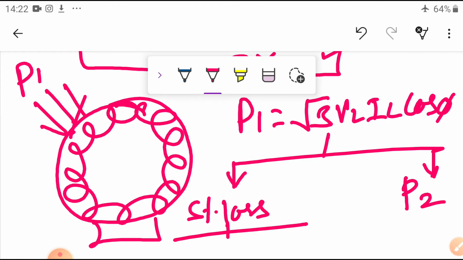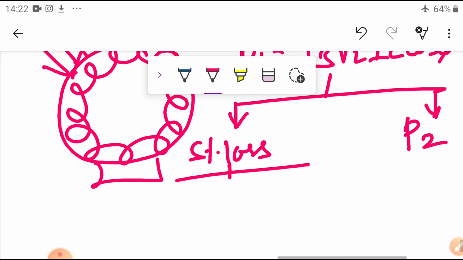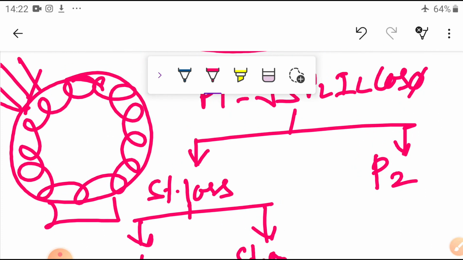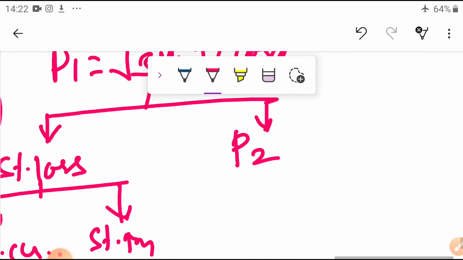The stator losses are further divided into stator copper losses and stator iron losses. So total input minus stator losses is equal to P2.